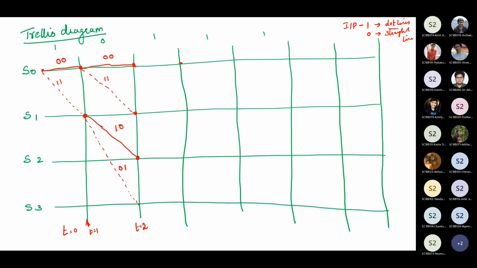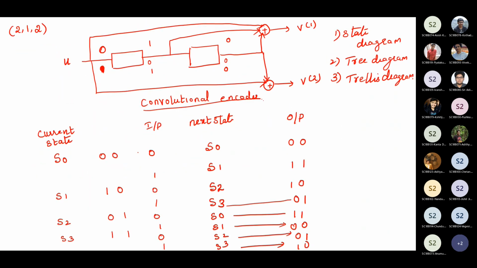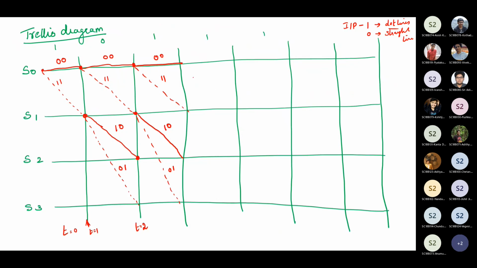So again you draw it for this one. Here a straight line, here a dotted line, with outputs 0, 0 and 1, 1. For this one, a straight line here and a dotted line here, with outputs 0, 1 and 1, 0. Next, from S2, if the input is 0 we move to S0, and if it is 1 we move to S1.